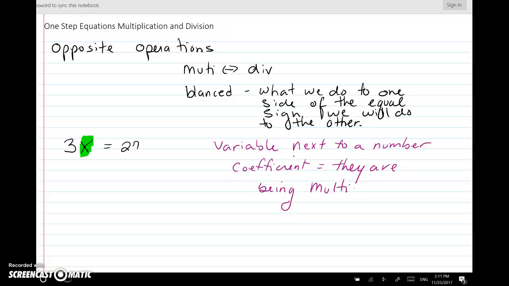So, how do I undo multiplication? Correct, we divide. So we're going to start using the fraction symbol, the fraction bar, to show division.